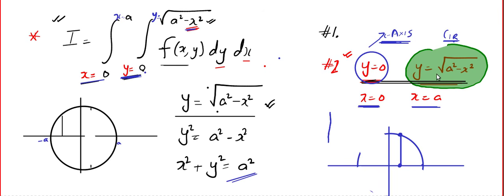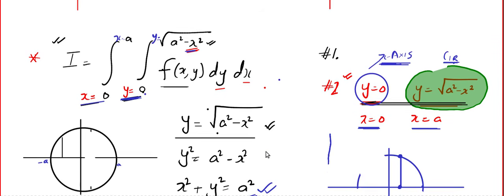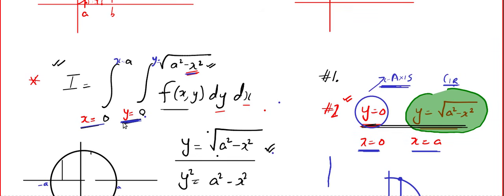Okay, and by manipulating that, you will get a standard equation, maybe a line or an ellipse or a hyperbola or something which you have learned in your first semester or in your class 11 or class 12. Okay, now another important thing. If y has variable limit, the strip will be parallel to the y-axis.